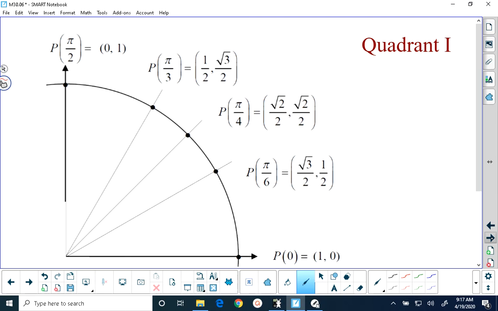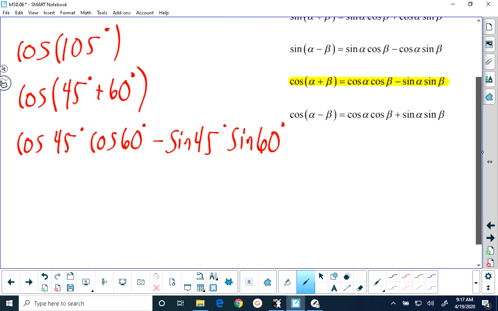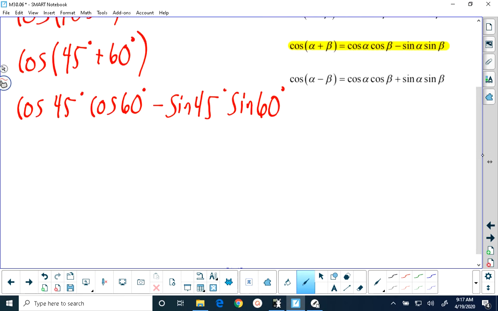In quadrant 1, 45 degrees is here, and 60 degrees is here. And remember that the x coordinate gives you the cosine of a particular angle, and the y coordinate gives you the sine. So going back to this question, cosine of 45 degrees is root 2 over 2.